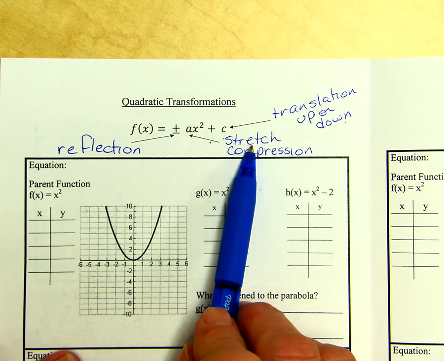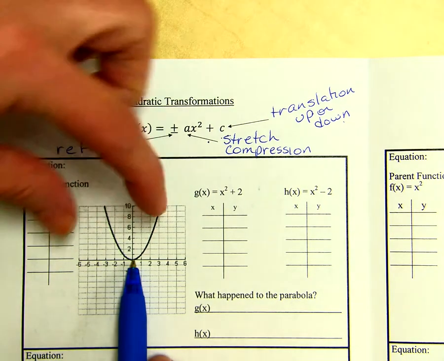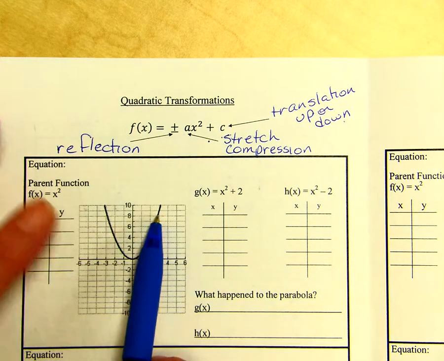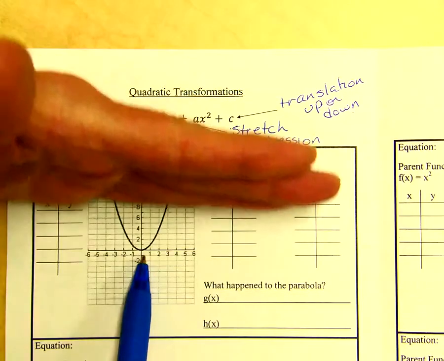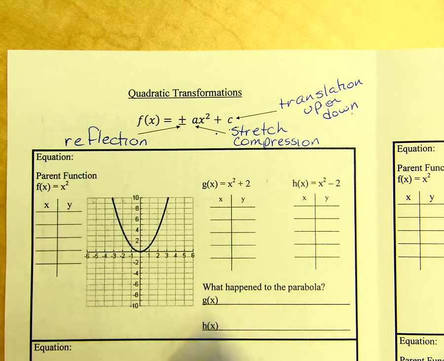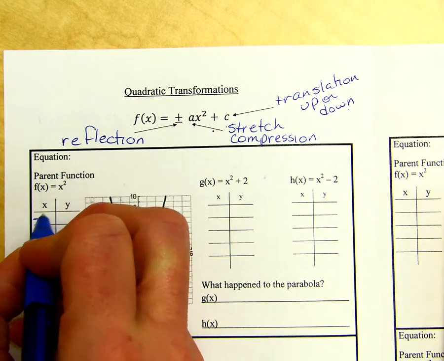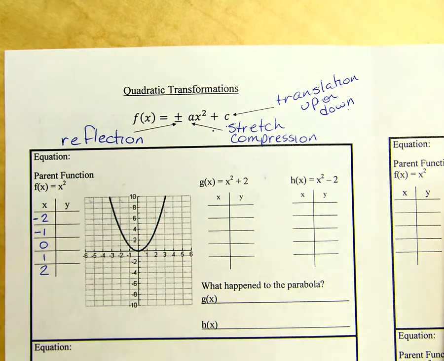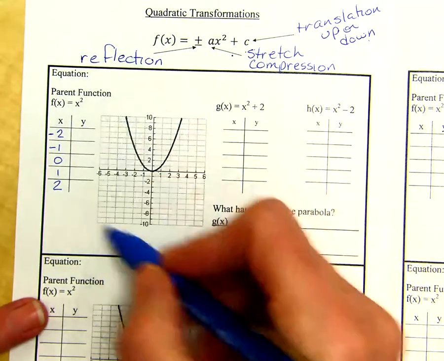A stretch will take and hold the graph at its vertex and take these and stretch them up, meaning that the two sides come closer to the y-axis. A compression is like you are pressing down on it, and it's going to widen it out. So let's look at the parent function. If we let x be -2, -1, 0, 1, and 2, then this is the graph that we are going to get.